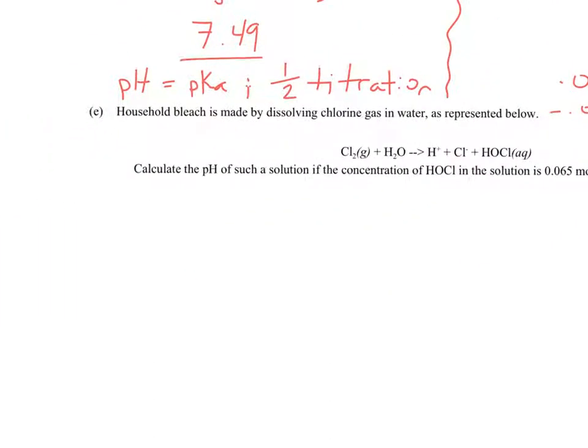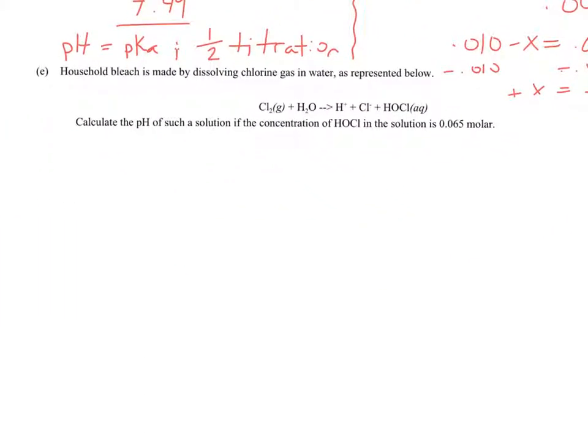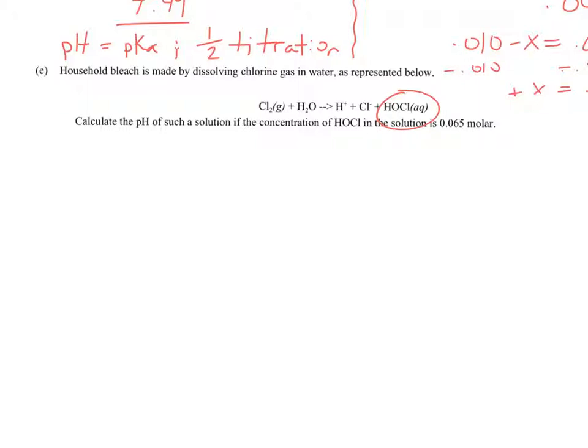Finally, the last question asks about household bleach. So calculate the pH of the solution that you see up above. And I know the concentration of this is 0.065 molar. So this right here is 0.065 molar. And I know that it's in equilibrium. This is a solution at equilibrium.